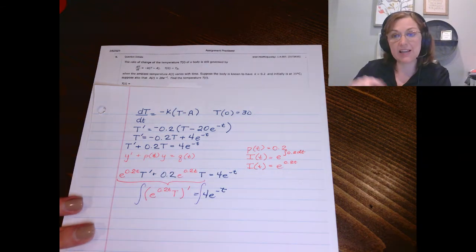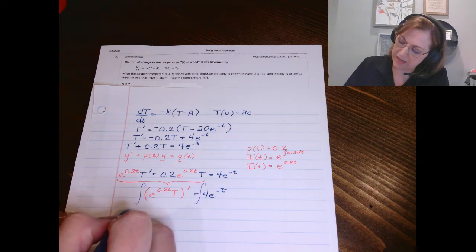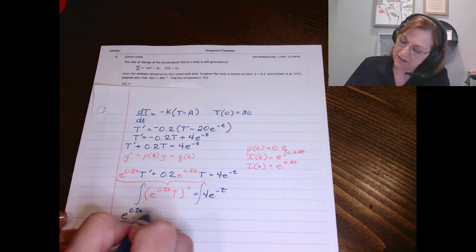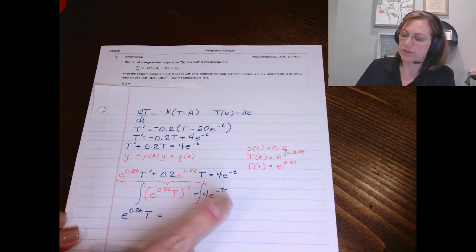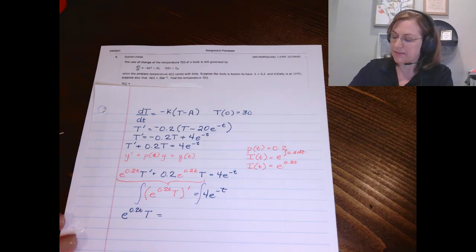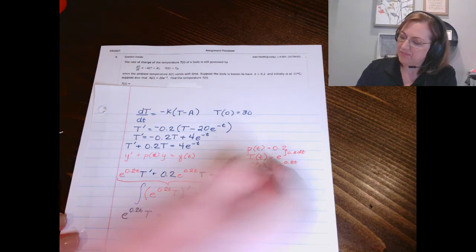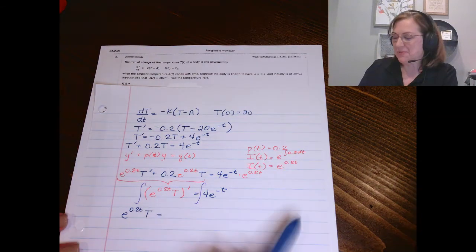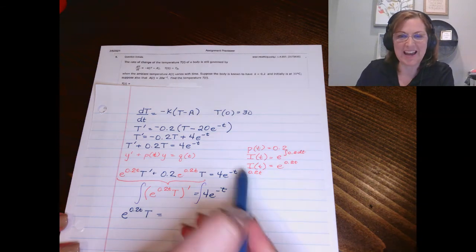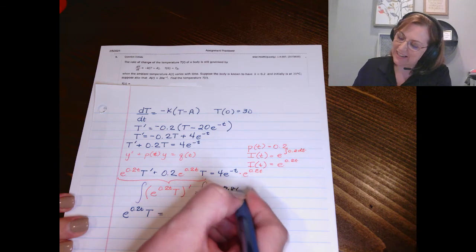When we take the integral of the derivative, of course, we get what's inside there. So e to the 0.2 t times T equals, and then the antiderivative here, oh friends, I did not multiply by e to the 0.2 t here. So let's fix that, because when we multiply, we add the exponents. That gives me negative 0.8 t.